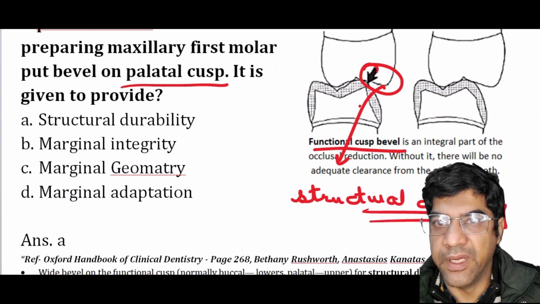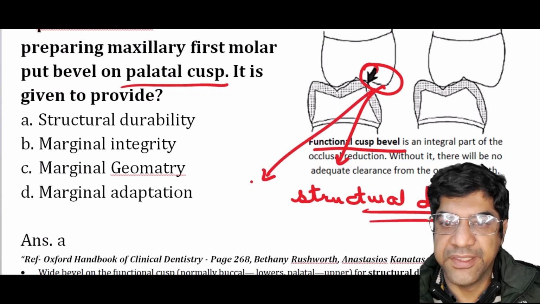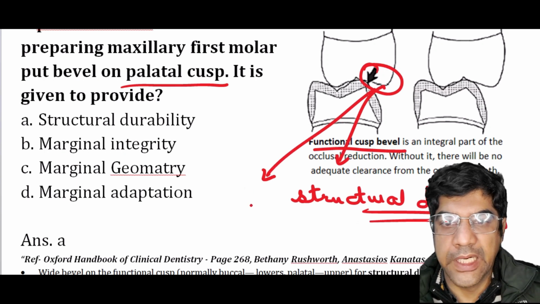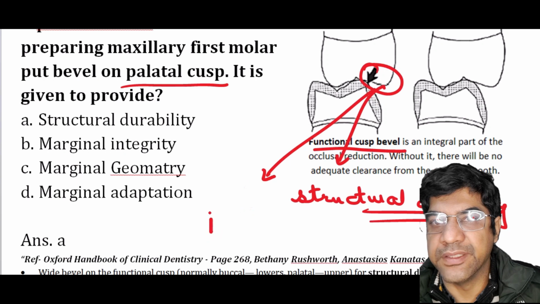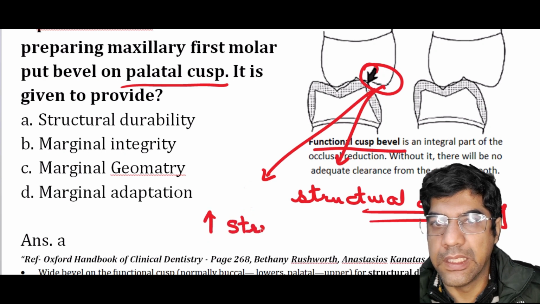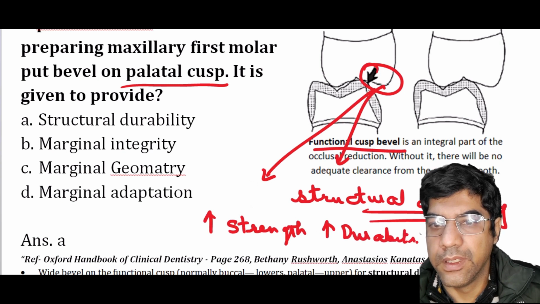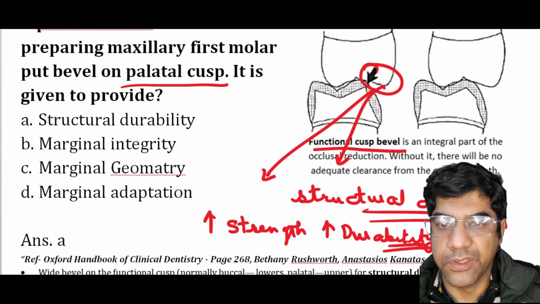So remember, in this case the bevel is on the palatal cusp of the maxillary first molar. We generally give it to enhance the strength and durability of the restoration.